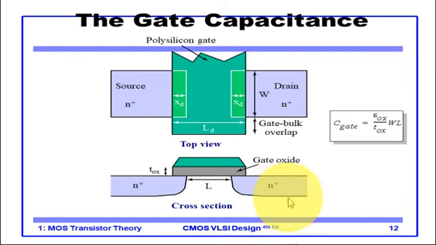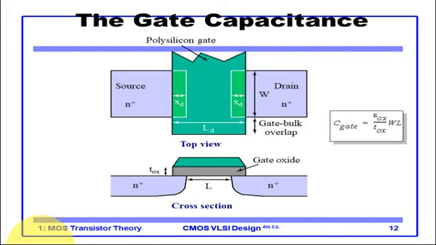Because of that, at this edge there will be a depletion layer, and a capacitance is constituted here as well, which you may call the drain to bulk capacitance. These values are less, while the gate capacitance values are more. Hence gate capacitances are given more importance.